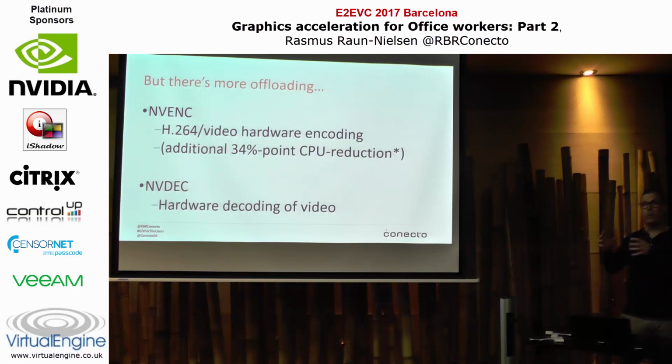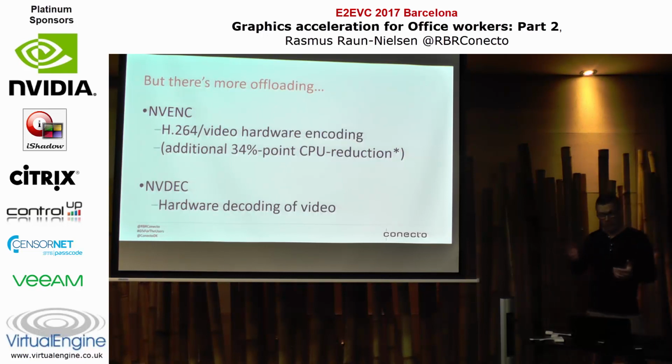It's offloading the CPU on this H.264 encoding. If that was applied in my test scenario, I could cut off additionally 34% of CPU load. Unfortunately, the adaptive display V2 is not able to get hardware offloaded to the NVENC engine. But that would be a nice add-on.